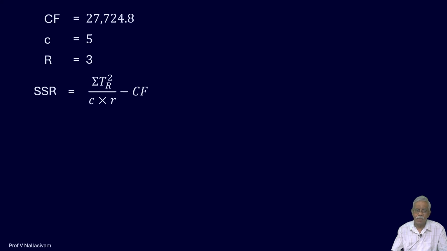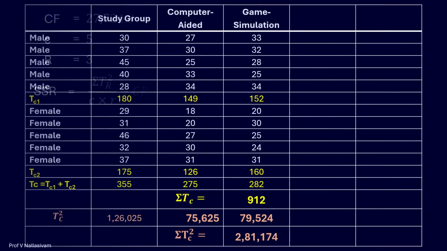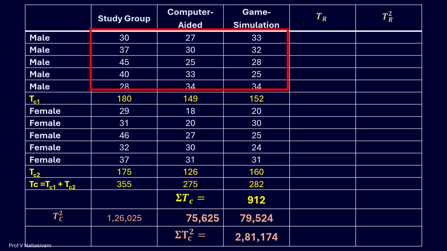We have to calculate the value of sigma TR squared. Let us open two new columns to the right. Name them as TR and TR squared. Find the total of the first major row values. It is so simple. Add all the sub-column totals, that is TC1 values.